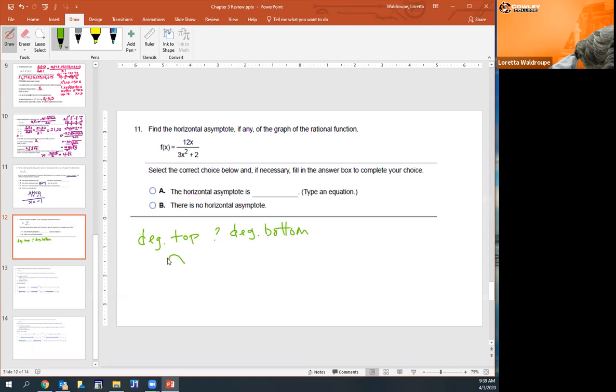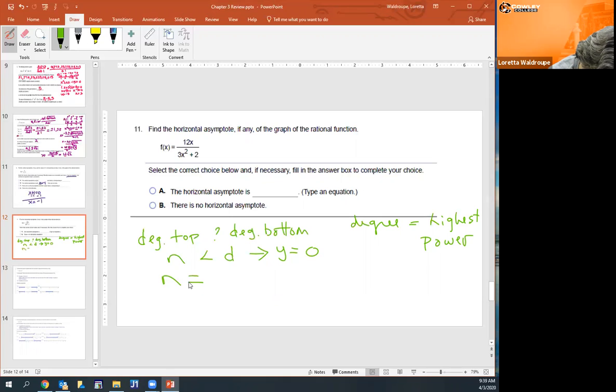If the numerator is less than the denominator, and remember, degree is your highest power, then your horizontal asymptote is y equals 0.